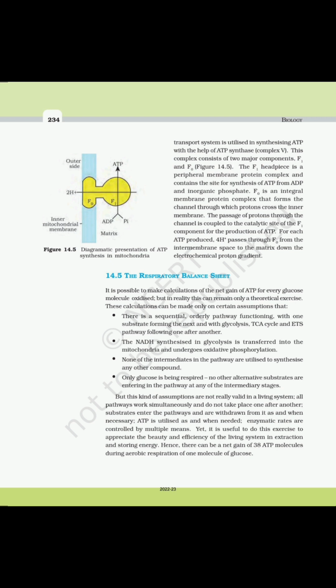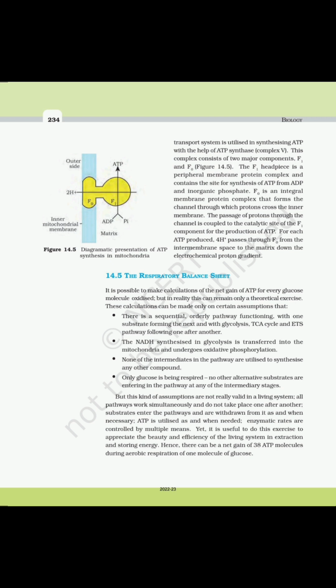F0 is an integral membrane protein complex that forms the channel through which protons cross the inner membrane. The passage of protons through the channel is coupled to the catalytic site of the F1 component for the production of ATP. For each ATP produced, 4H+ passes through F0 from the intermembrane space to the matrix down the electrochemical proton gradient.